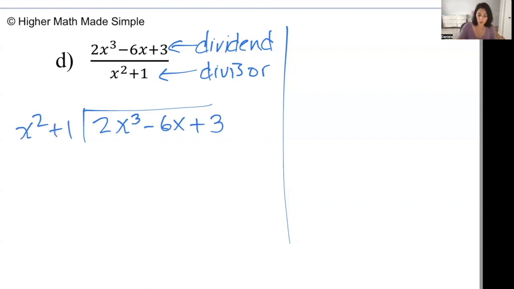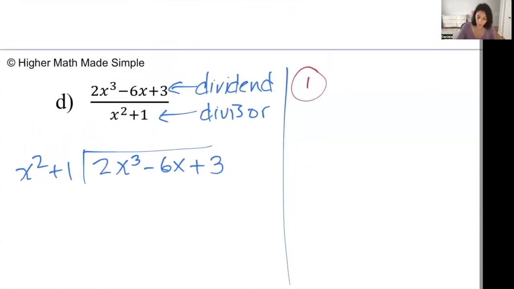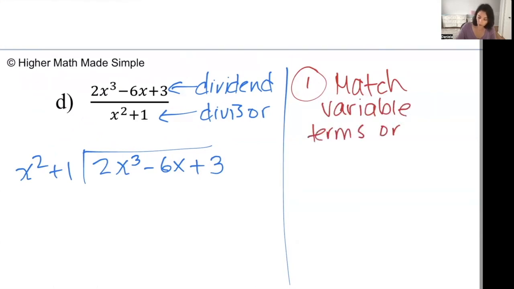Okay, so now that we have that long division set up, the steps, in my personal words, are: I'm just going to write match. What are we trying to match? We're trying to match the variable terms only. And then very specific matching: we're matching the ones with the highest exponent.